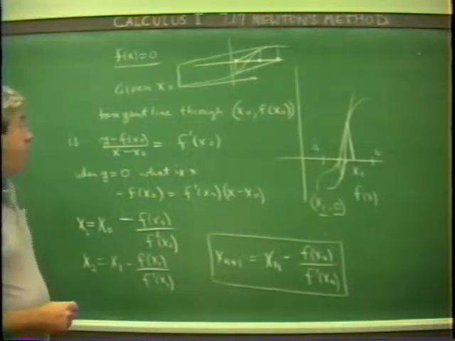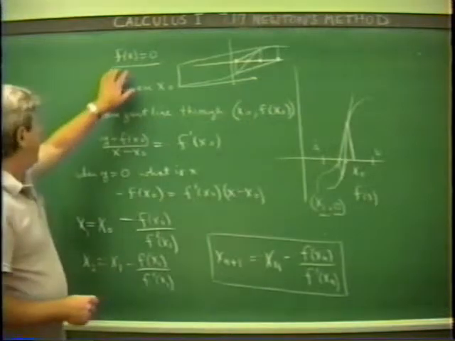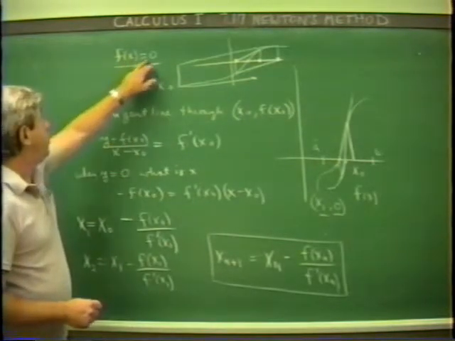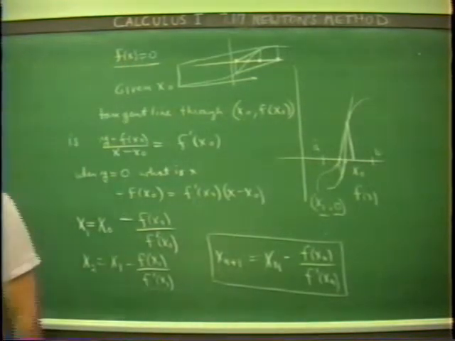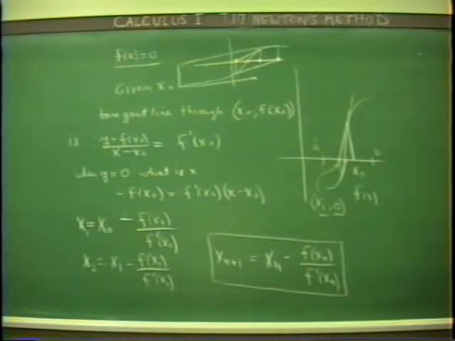Okay, however, when this does work, it tends to work very well and very quickly and give you a good approximation after a few steps to the value x where f of x equals 0.